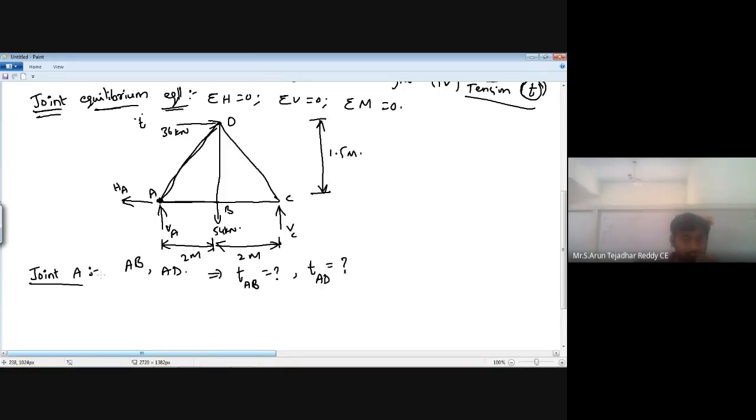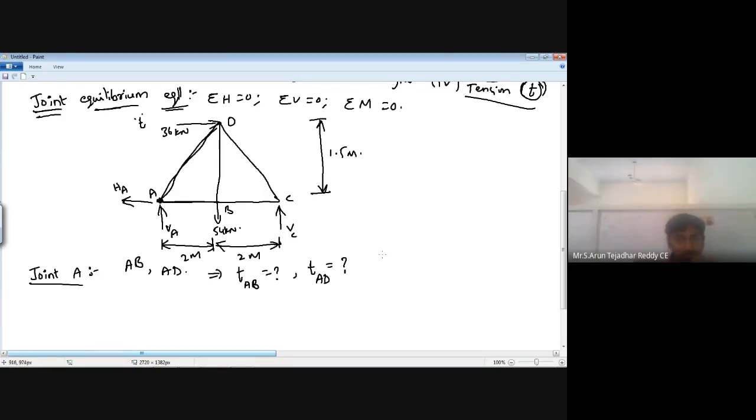So by using joint A, we can find the members AB and AD, that is, the tension coefficients TAB and TAD. And earlier we discussed the formula for taking the joints.